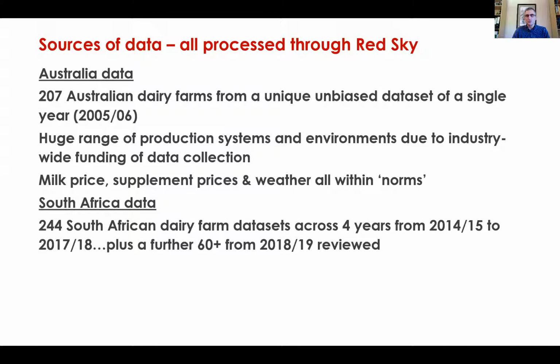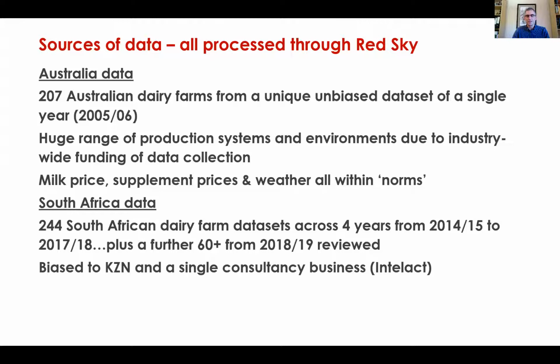The second source is a South African data set that includes 244 sets of data spread over 4 years, from 2014-15 through to 2017-18. One further year of data, 2018-19, was also reviewed, though it was not included in the data analysis. The South African data is primarily from the one consultancy group, Intellect.